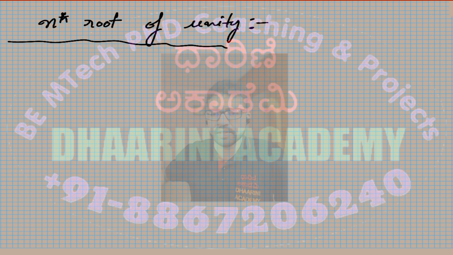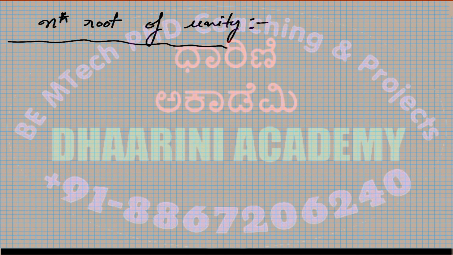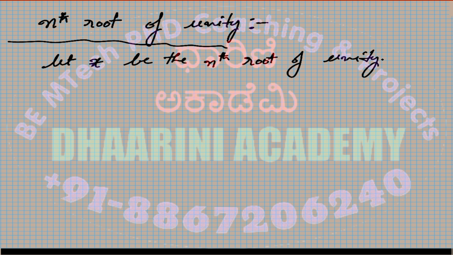Okay, let's write something now. Let's say x is my answer, the nth root of unity. So x is equal to 1 raised to the power 1 by n.